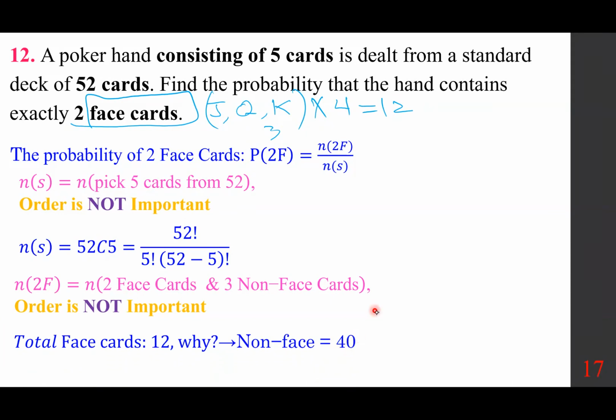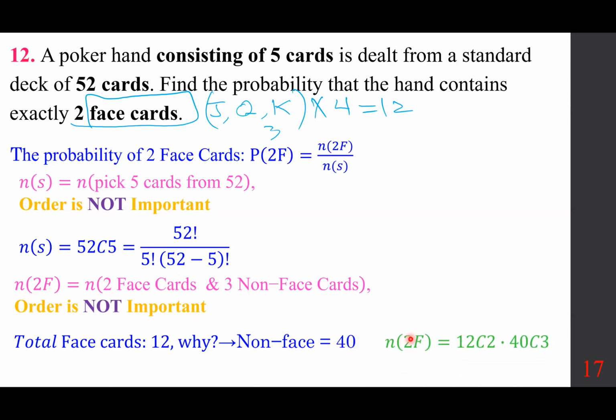So how do we find N of having 2 face cards? Combination of 12, choose 2, times combination of 40, pick the rest of them, 3 more cards.